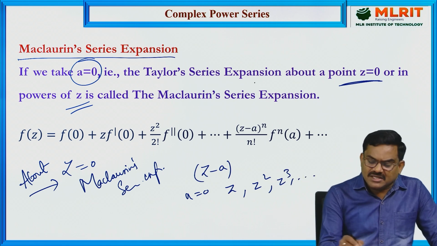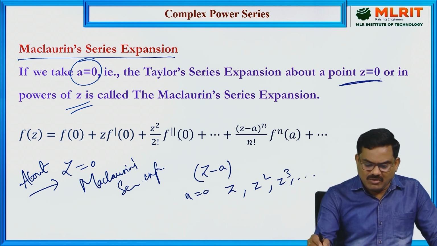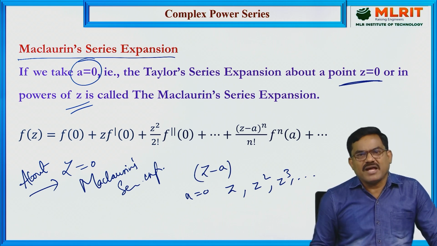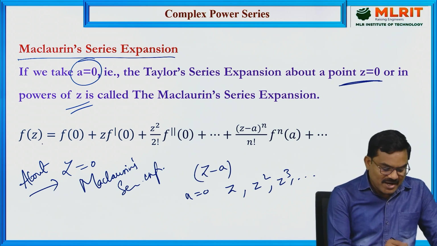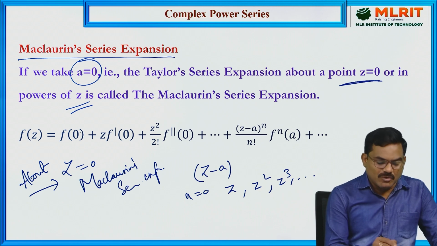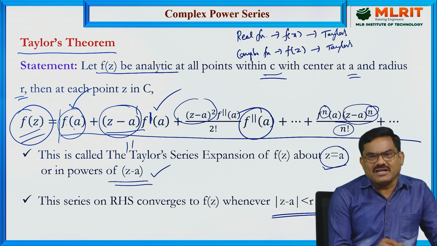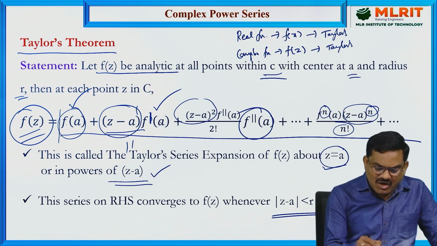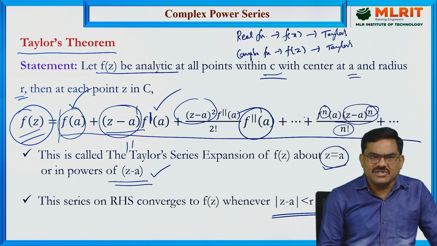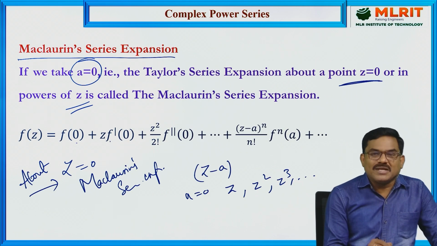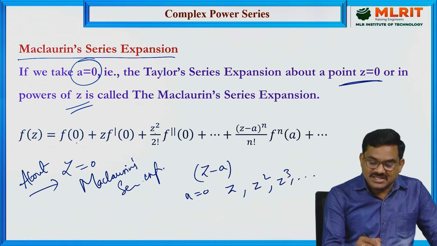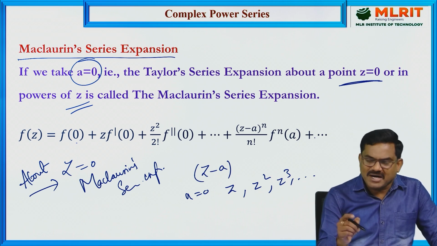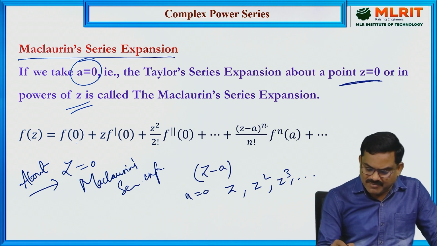So the Taylor series expansion about a point z equal to 0 or in powers of z is called the Maclaurin series expansion, and it is given by, it starts from f of 0. Previously this is f of a in Taylor series. Now we are replacing a by 0. We are calculating all the derivatives also at a equal to 0. So f of 0 plus z into f dash 0, z square by 2 factorial, f double dash 0 and so on. And again the format, you need to identify the format.